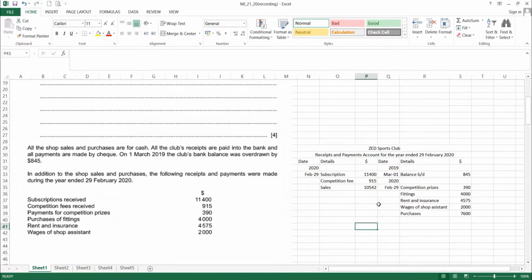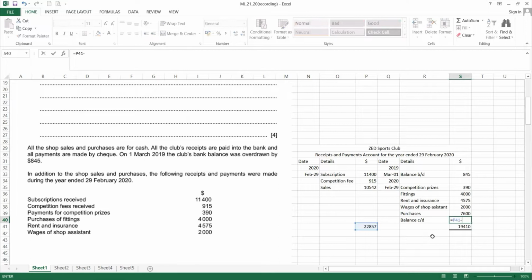Now we need to check whether debit is more or credit is more. So in this question, we have debit more than the credit. So we should have the balance carried down on the credit side, balance brought down on the debit side.